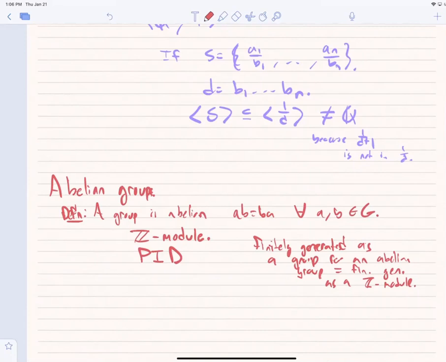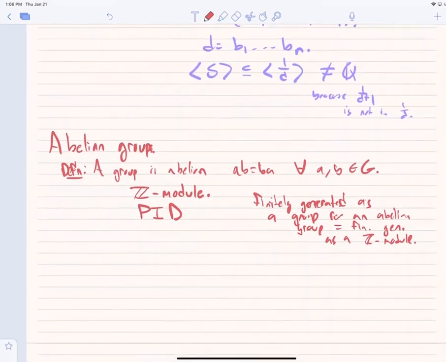So it's almost written on the board. Someone wrote it on the board, but left out one part.